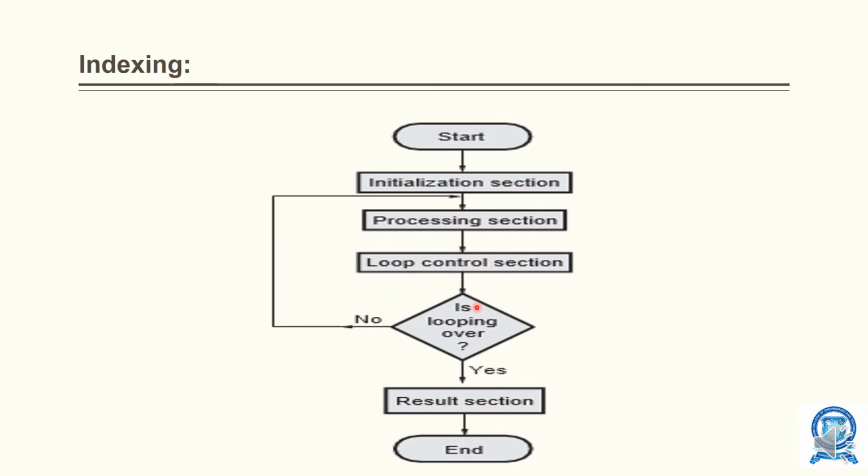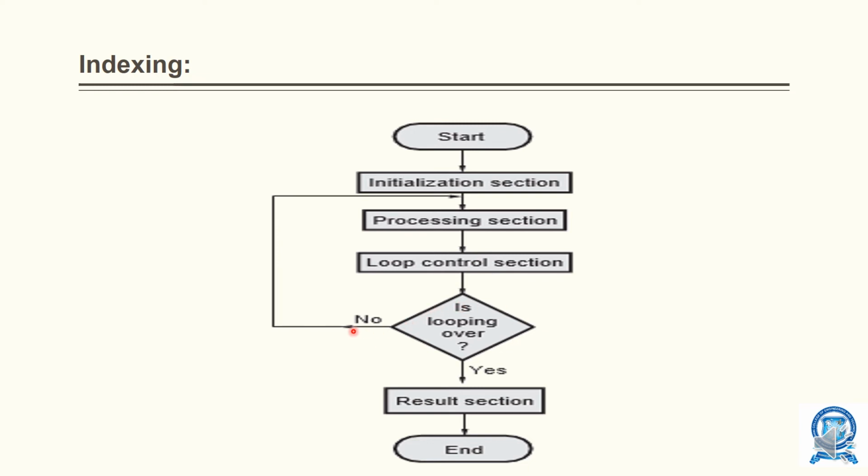Loop control section: now it needs to check the condition whether the loop is over or not. It's a conditional loop. If the condition is satisfied, then the result will be stored, or it stops execution. If the condition is not satisfied, then the same process needs to repeat again and again, until a certain condition is attained. This is what we call a conditional loop.